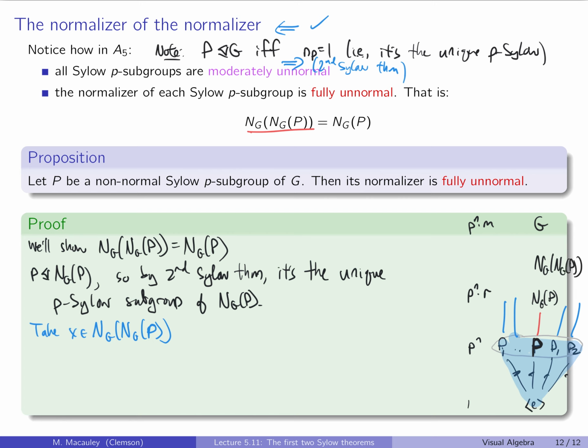We will show that x actually has to be in the normalizer of P. In other words, these things have to be the same. So how are we going to do that?